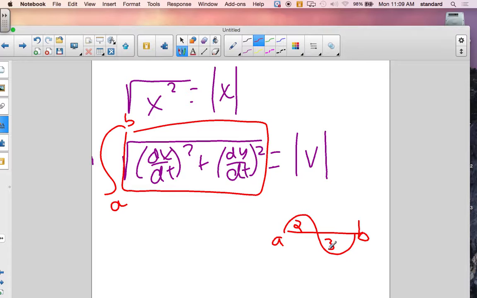So don't be tricked by that. If you're asked to find area from 7 to 10, you better check and see what that thing looks like from 7 to 10. Or total distance traveled from 7 to 10. At 7, it could be a 4. At 10, it could be a 4. You could go, well, it didn't go anywhere. That could be very untrue, right? So we always check our velocity. We always want to look for turns, okay?